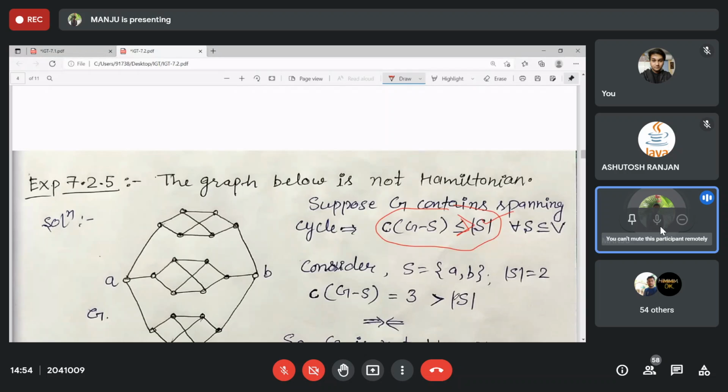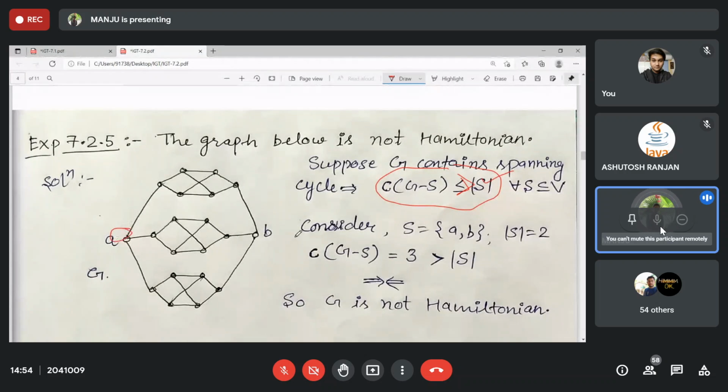So try to find some S for which the number of components of G minus S is strictly greater than the cardinality of S. Here you can have A and B. If you remove these A and B, the number of components you are getting is 3, which is strictly greater than the cardinality of S. That's why G is non-Hamiltonian, and by definition, if you are able to find a spanning cycle, then it will be Hamiltonian, otherwise not, meaning there does not exist even a spanning cycle, right?